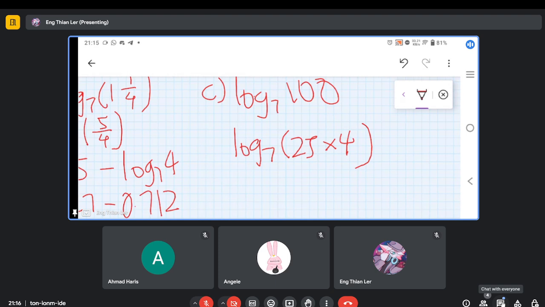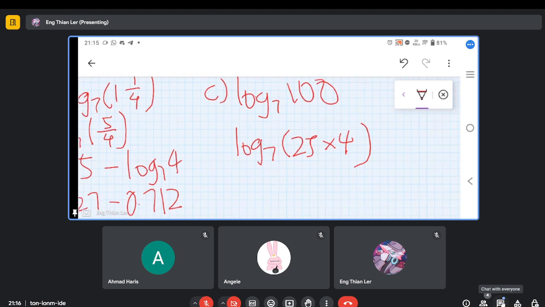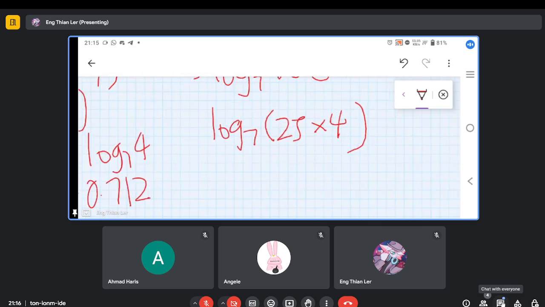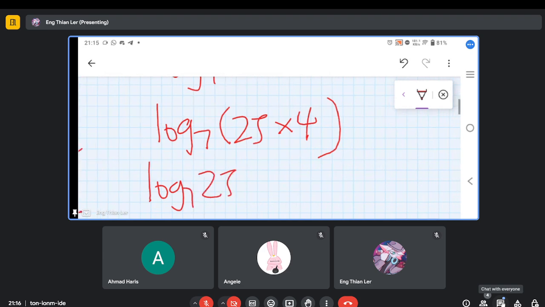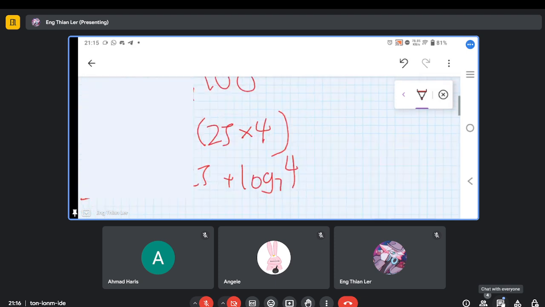And what is log AB? Log AB base A is log x plus log y, right? So we're just going to do log 25 base 7 plus log 4 base 7. Yeah, that's like that.